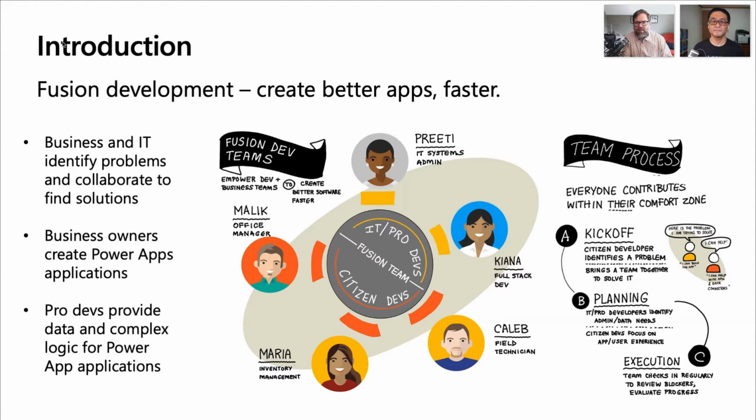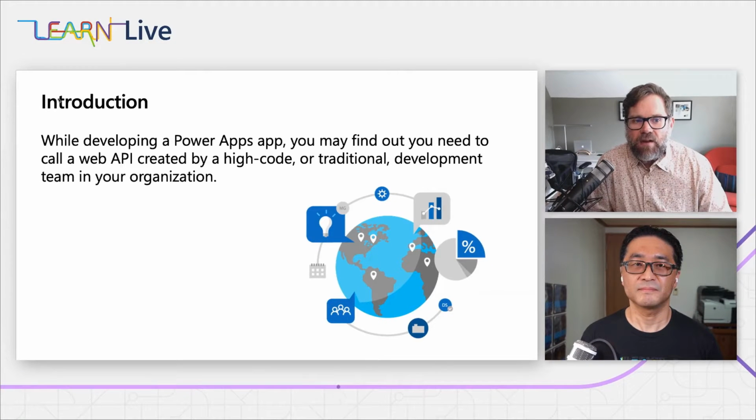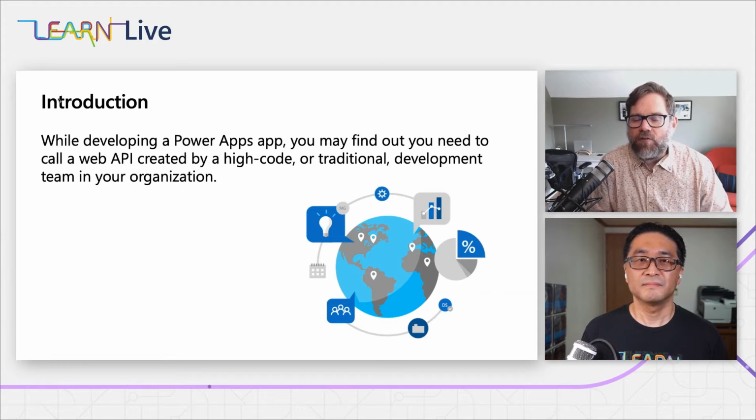What this does is create a way for everybody to become super productive, super quickly, and everybody gets to stay at home and work with the technologies they're most comfortable in. What we're going to talk about today is that while you might be developing a Power App, you might find out that you have to use a web API created by what we call a high code or professional developer. We're going to use those terms interchangeably here.